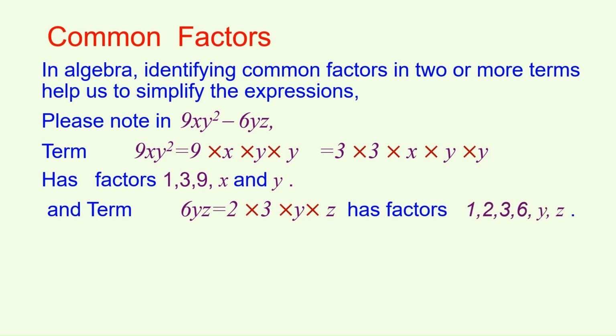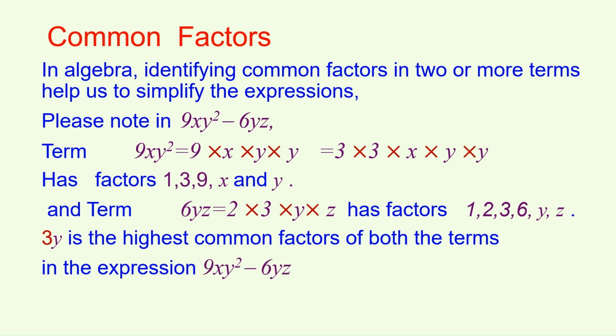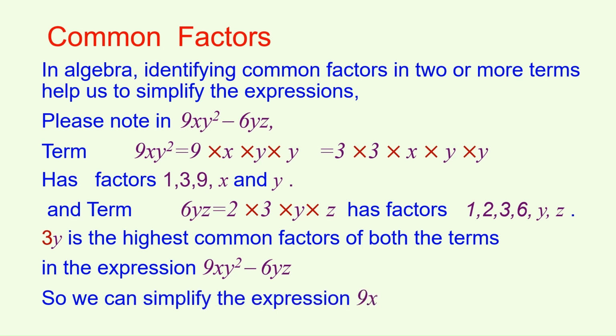And the term 6yz is equal to 2 times 3 times y times z and has factors 1, 2, 3, 6, y, z. 3 and y are common factors of both terms in the expression 9xy squared minus 6yz. So we can simplify the expression as 3y times 3xy minus 2z.